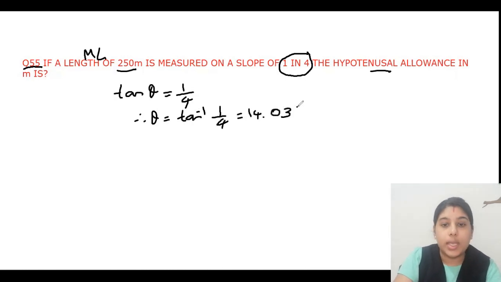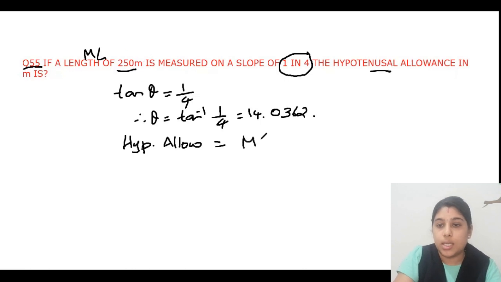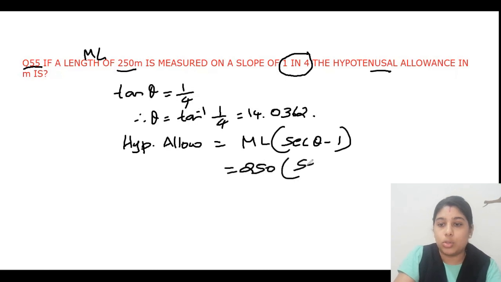In this case, because the measured length is already given, the hypotenuse allowance will be measured length into sec theta minus 1. The measured length is 250, so 250 into sec 14.0362.